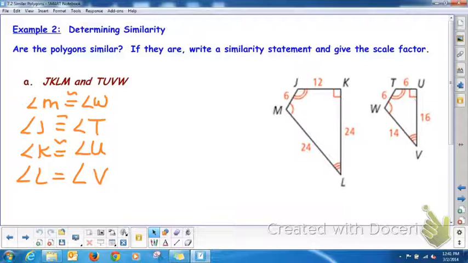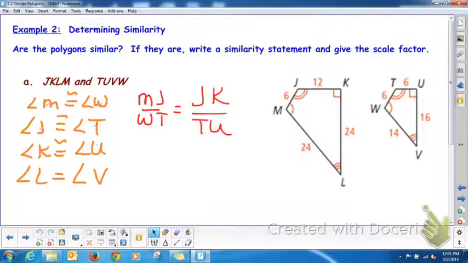So I'm going to write my extended ratio of my sides. So I have MJ over WT. See where I'm getting that from? MJ over WT. Is it equal to JK over TU?